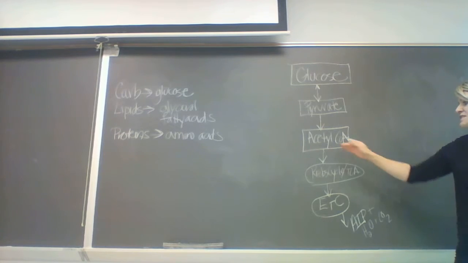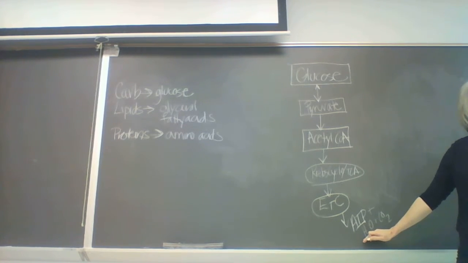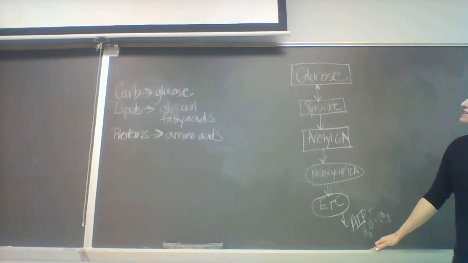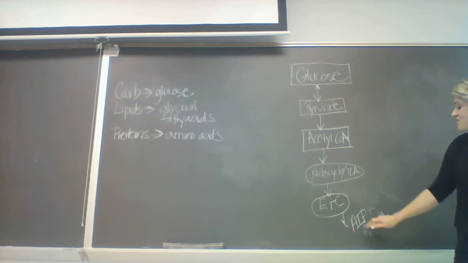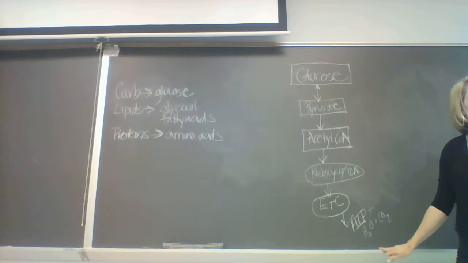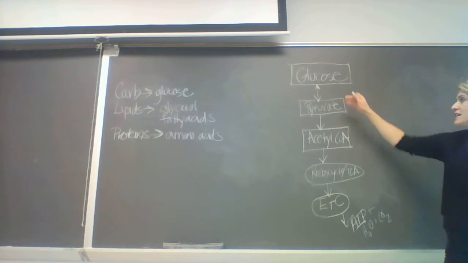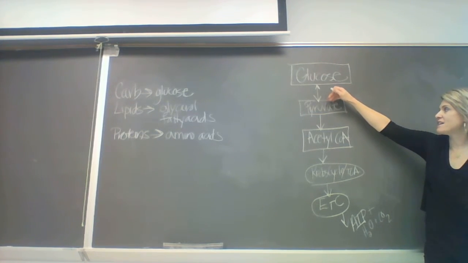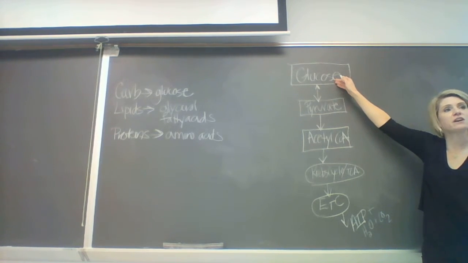Okay, this is when your body needs ATP. But let's say you've eaten a lot today and your cells don't really need any ATP right now. If you still have the glucose in pyruvate form, it can convert it back to glucose and store it as glycogen.